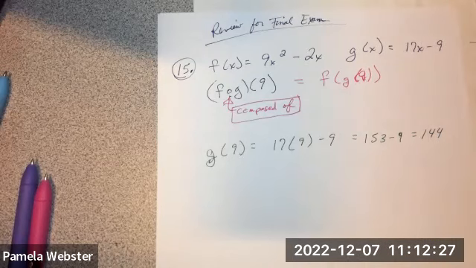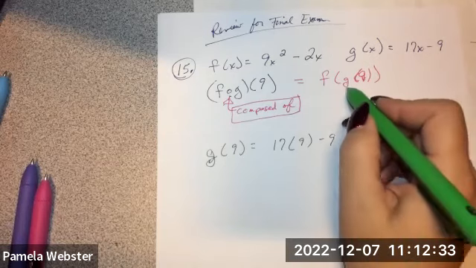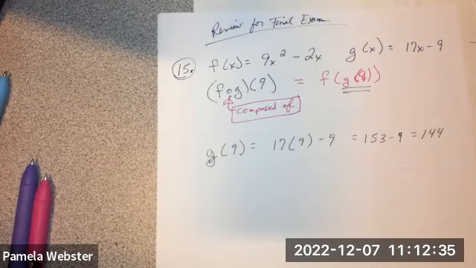Okay. So I'm looking at number 15 and I've got this part right here as 144, but we're not finished yet, because then we have to take whatever we got there and plug that into the f, right? Now this one's actually going to be a little bit nice for me because I've got a number here.